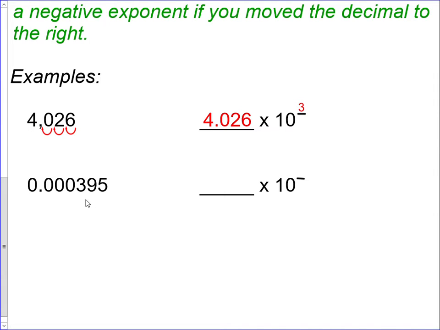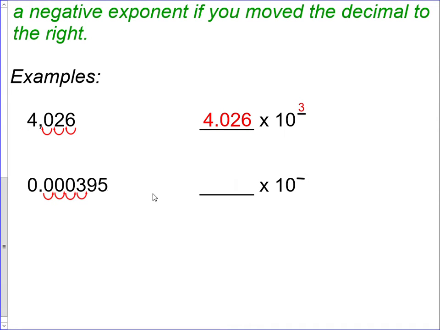On this one, we're starting out with a decimal number, and so we still have to move this decimal until there's only one non-zero number in front of it. Right now there are no non-zero numbers in front of it. To do this, I'm going to have to move it 1, 2, 3, 4 places. So now the number in front of the decimal is a 3, and our 3 is greater than or equal to 1, but less than 10. So the number formed by this is 3.95, because I don't need all these zeros.